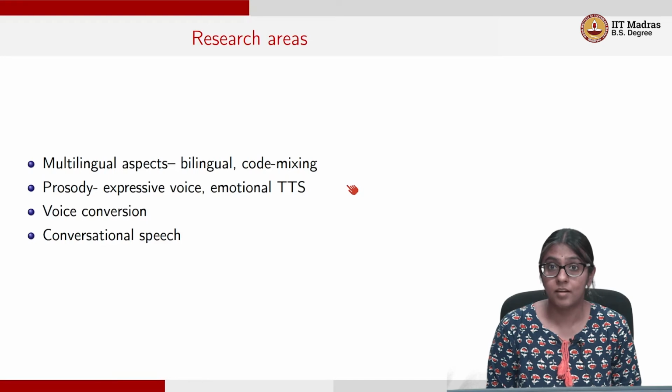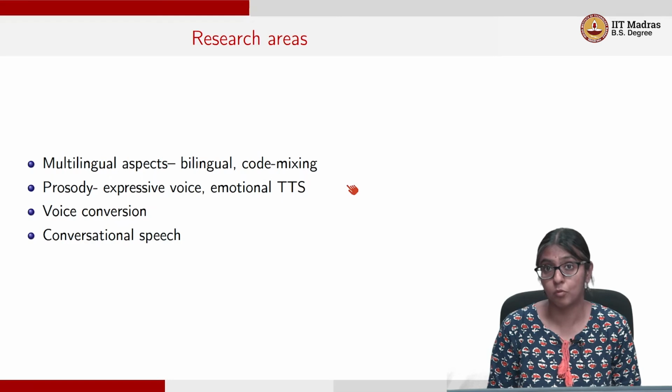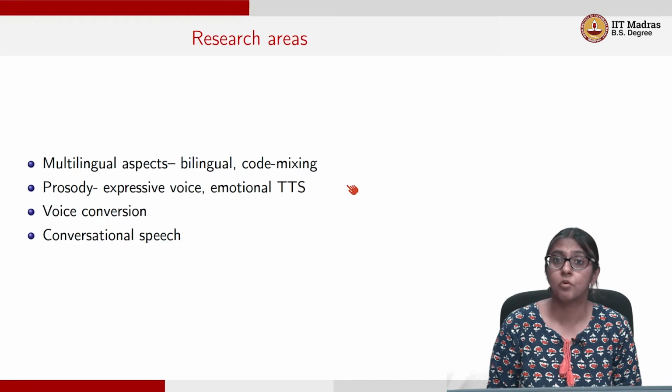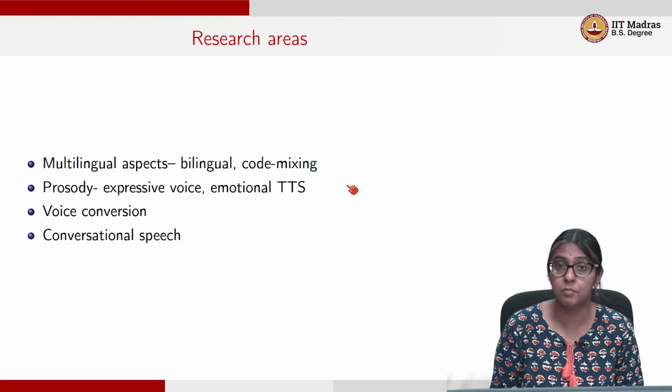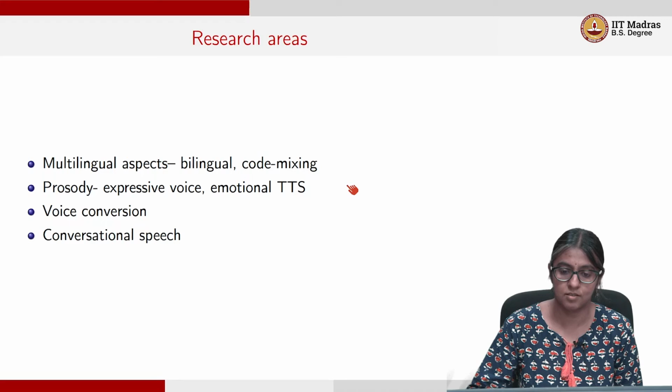Another big area is how do we synthesize conversational speech? Most of our training data has very well formed sentences. So how do we deal with conversational speech when sentences are not complete, or how do we include the appropriate prosody in that conversational speech? All these things are very important research areas.